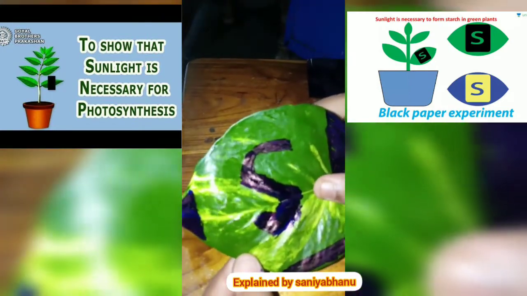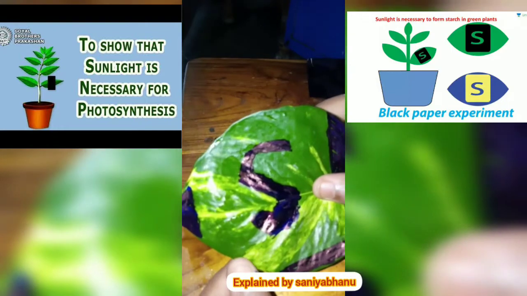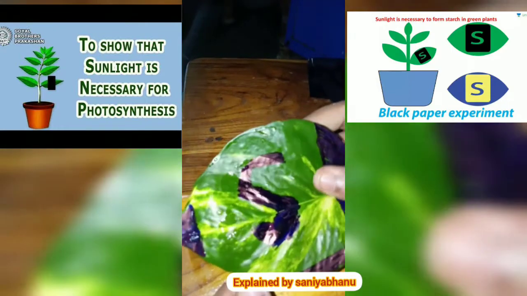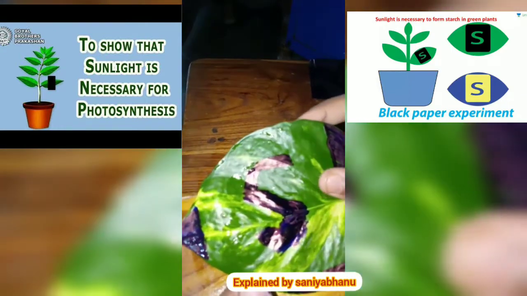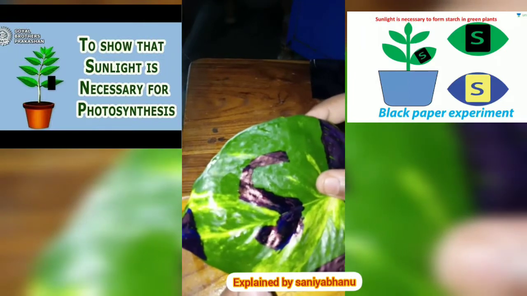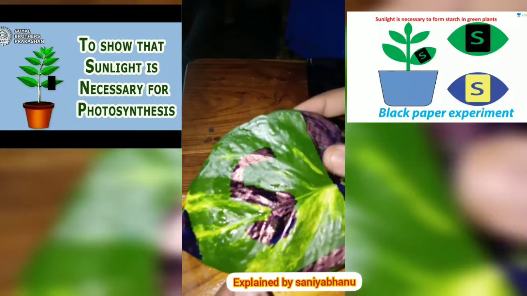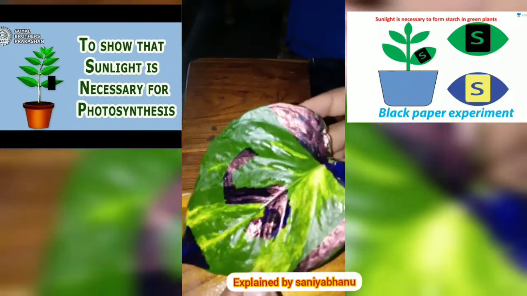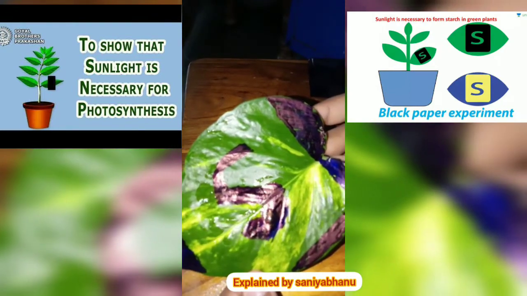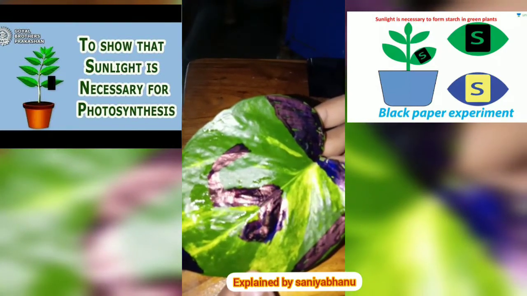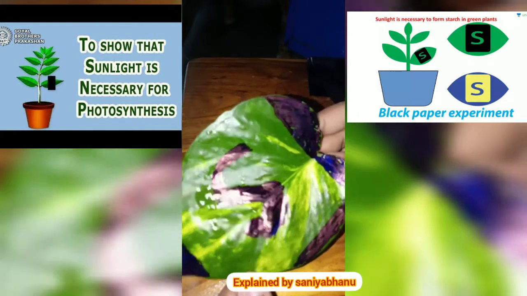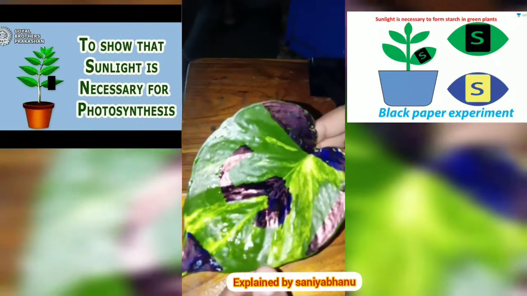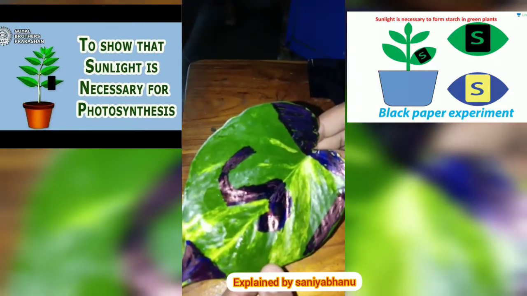Observation: the parts of the leaf which are in the presence of sunlight turned blue or black. And the result is that in this experiment we proved that sunlight is essential for the photosynthetic activity.